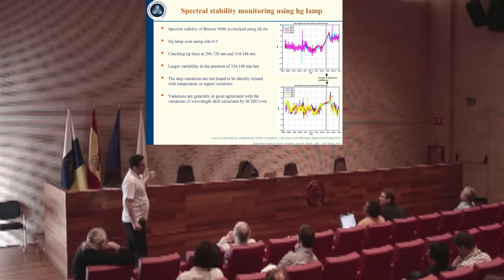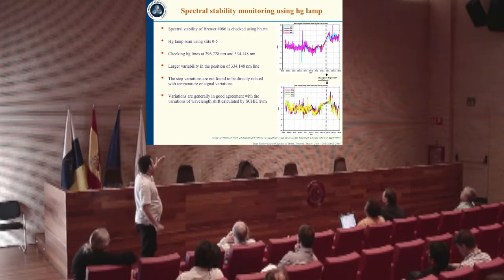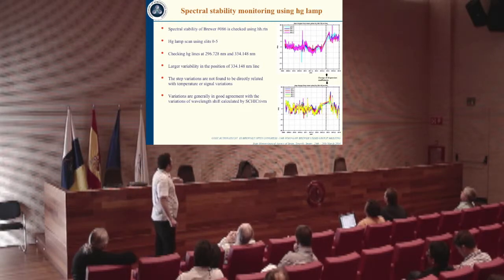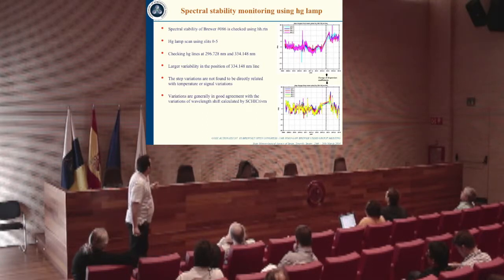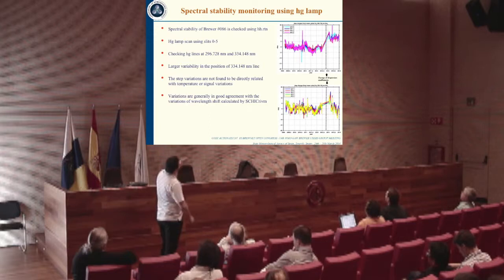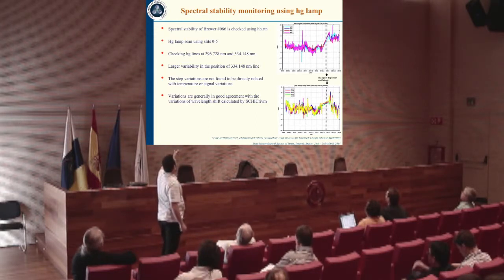Then we calculate the step where the lines at 297 and 334 nanometers are found. And here we present the results. We present the difference from the mean calculated value for the step of the 297 nanometer line and the 334 nanometer line.